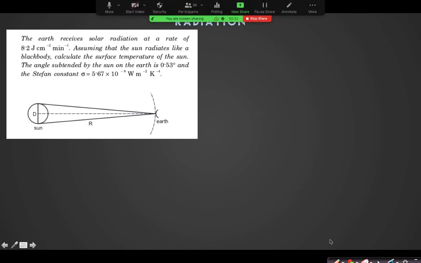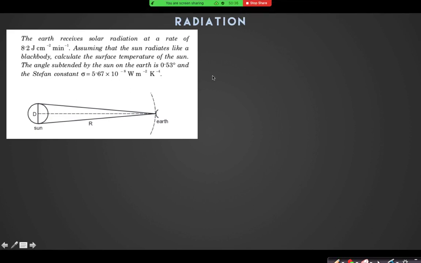Alright. Try to understand this question. Let us assume the temperature of the sun is Ts. Right? So what is the total radiation power or emissive power by the sun?